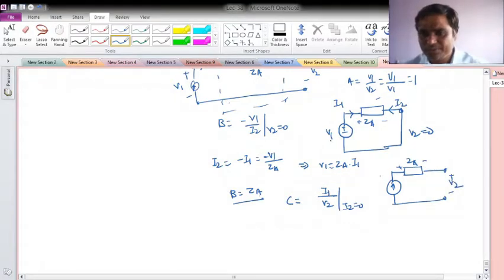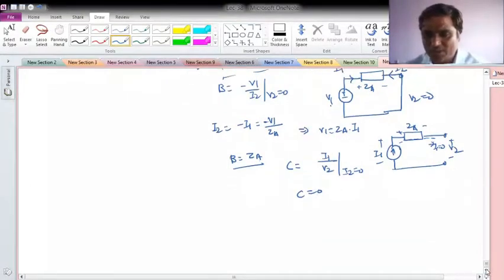This is V2, this will be V1, and this is my I1. So what will be I1 upon V2? V2 will be something, but what about I1? As I2 is 0, I1 will also be 0, right? Which means C will be equal to 0.